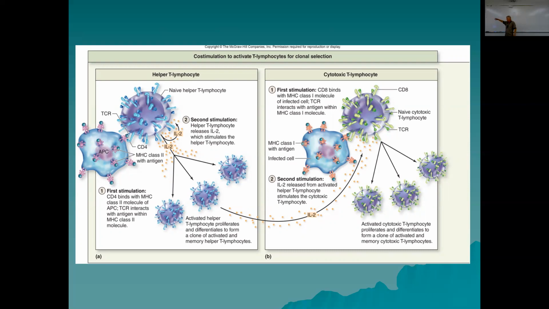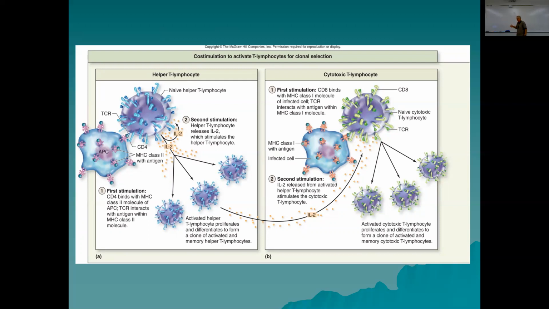Other side, the cytotoxic T cell. It comes into contact with an infected cell, displaying MHC class 1 proteins with this foreign antigen, and it binds to it. But then it has to come into contact with an interleukin that's secreted by an activated helper T cell, in this case interleukin-2, just like the one that self-activated the helper T cell.